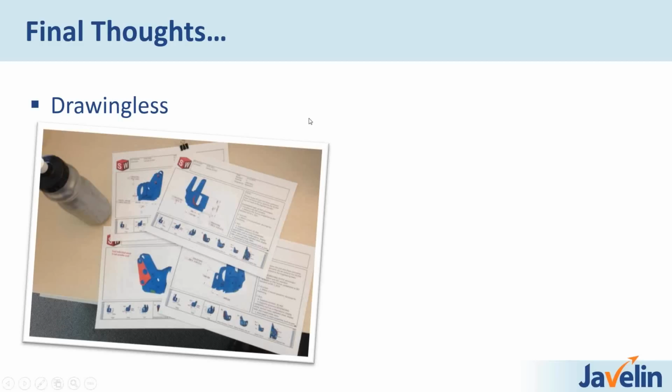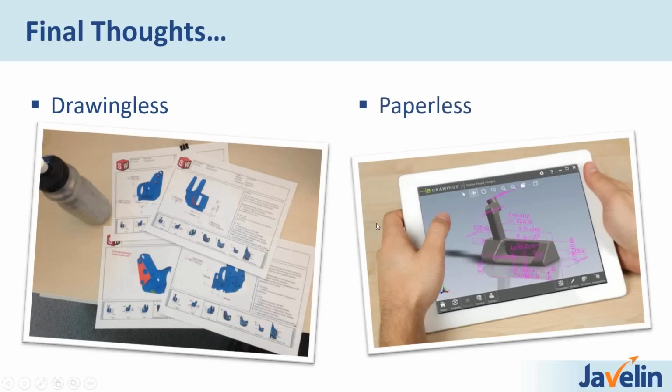So it's again entirely up to the person manufacturing that. If they deem that they'll need that information, they can print that information out. So that's drawingless, actually getting rid of the 2D drawing, but you can again still print out drawings if you need to.